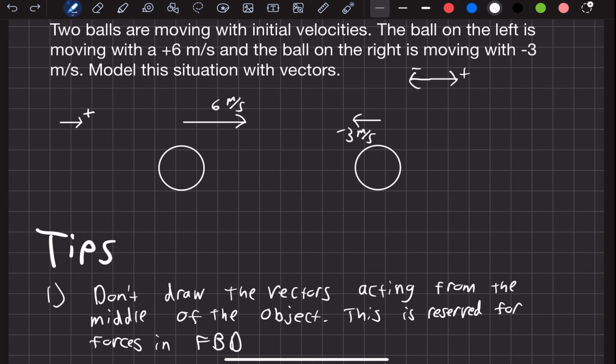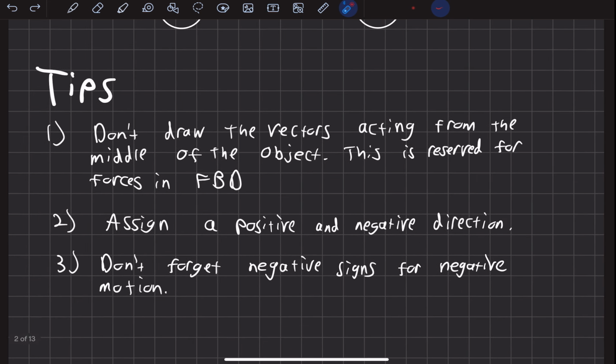We want to make sure it's obvious that this is not a force, just so that the reader of your diagram doesn't get confused with a free body diagram. So that is why for this example, I have put the vectors above it, simply to indicate that this object is moving and not experiencing a force. So for tips of drawing this, that was the very first one I said, don't draw the vectors acting from the middle of the object, because we typically do that with free body diagrams and forces, and we don't want to confuse whoever is looking at the diagram.